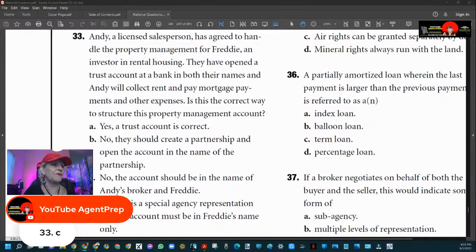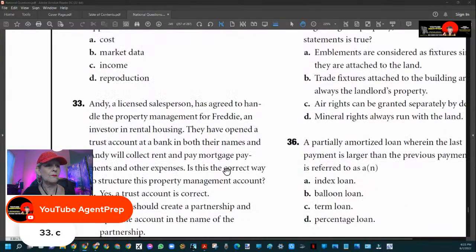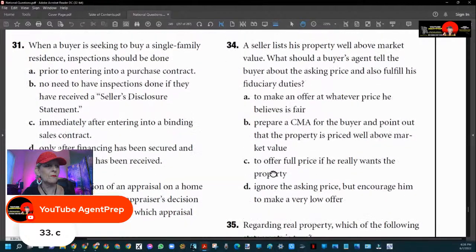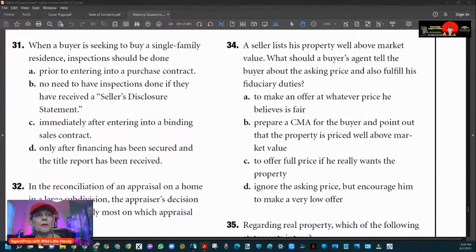All right, number 34. A seller lists his property well above market value. What should a buyer's agent tell the buyer about the asking price and also fulfill his fiduciary duties? So the seller lists the property above market value.